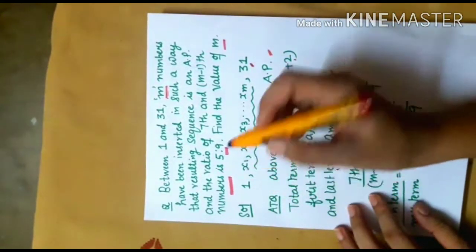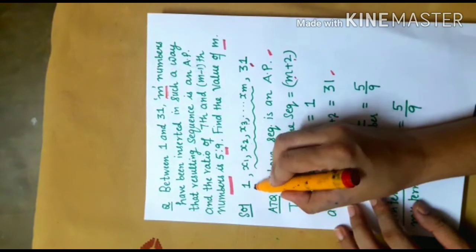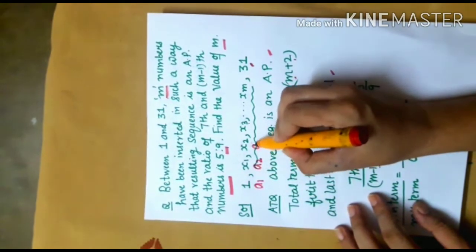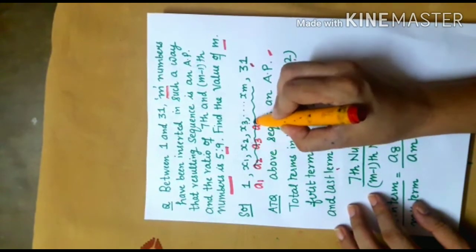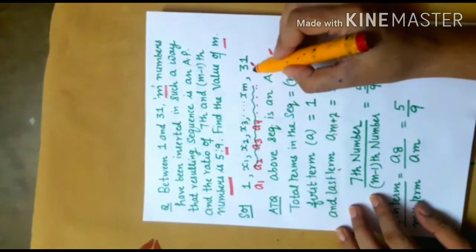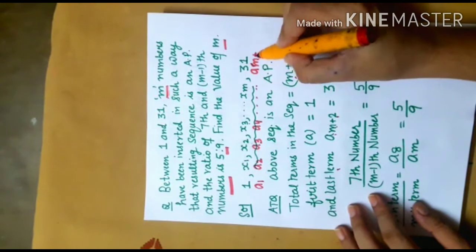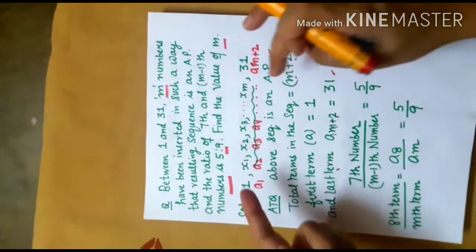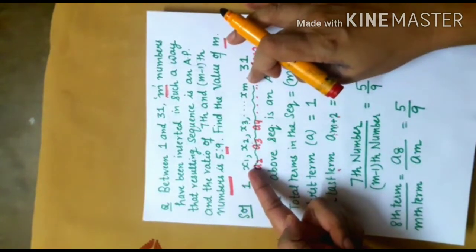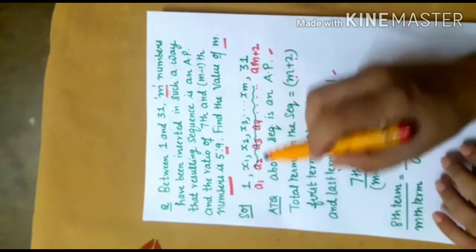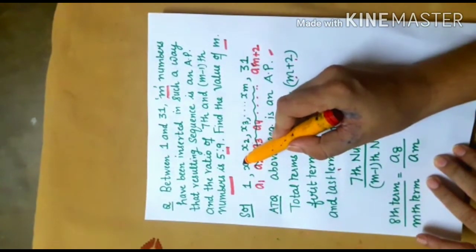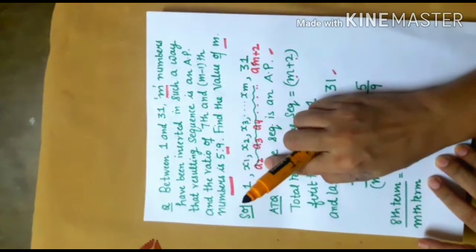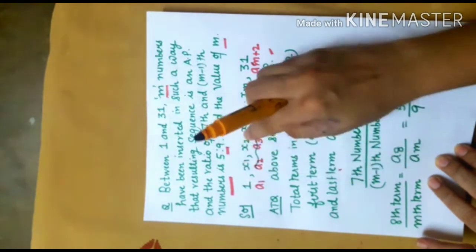So let this be A1, this be A2, this is A3, this is A4 and so on till A(m+2). Now look here, we have inserted these m numbers. The first number which we have inserted is the second term of the sequence.